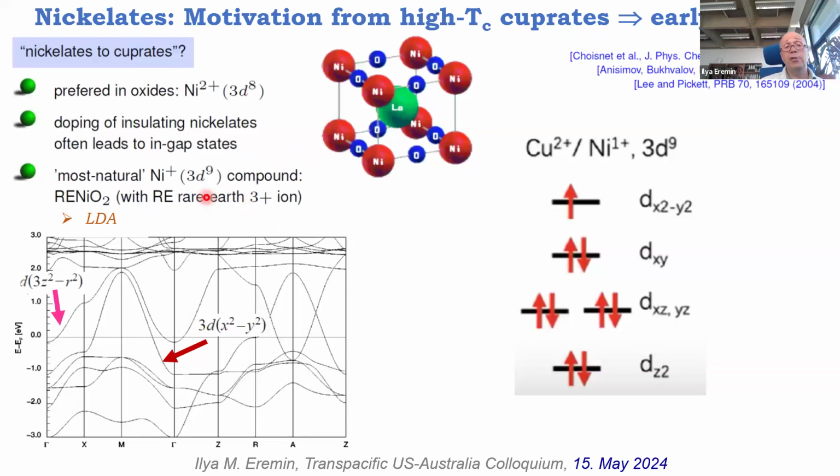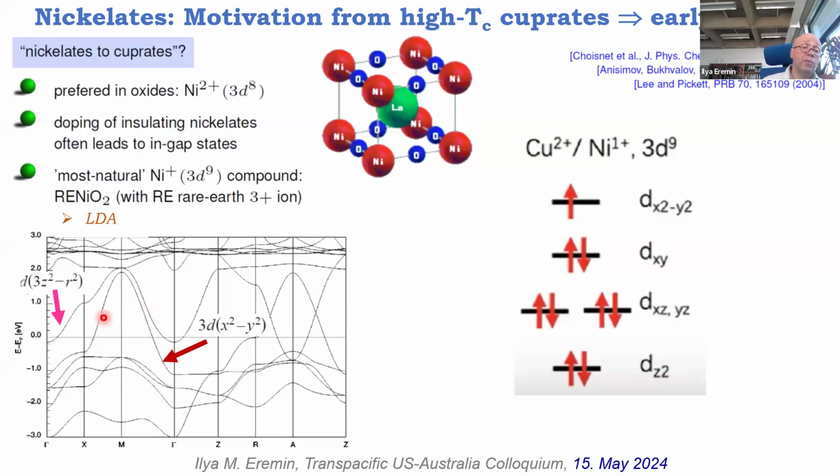And the only natural materials that you can have is the so-called infinite layer, with this formula, where you have a rare earth compound. And in that case, it has been shown theoretically, already based on DFT, that indeed you would get a d_{x²-y²} orbital, but in contrast to the cuprates, the charge transfer gap is really large in this case.